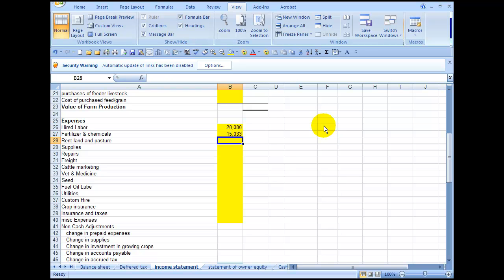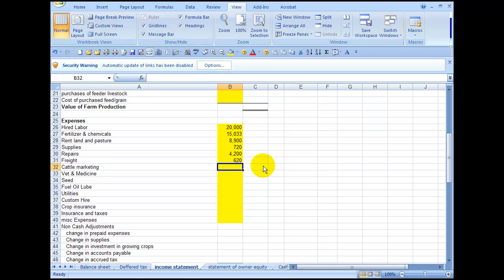Rent for land and pasture is 8,900. Supplies 720. Repairs 4,200. So it's making it look really easy, isn't it? Freight 620.